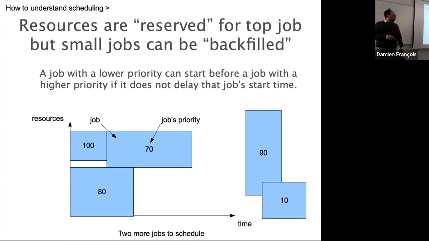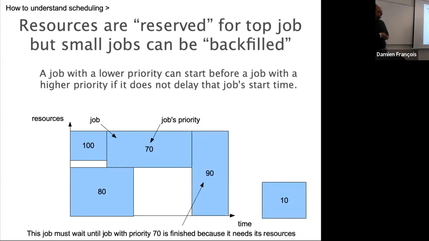So actually what Slurm will do, it will consider this job and say, okay, this one is higher priority, it will be next to run. But because it requires a large amount of resources, it cannot start before this job is finished, okay? Because it needs the resources that will be freed by this job when it finishes to start. So that means that here, visually, you can see a hole and you can see that visually, this one fits.